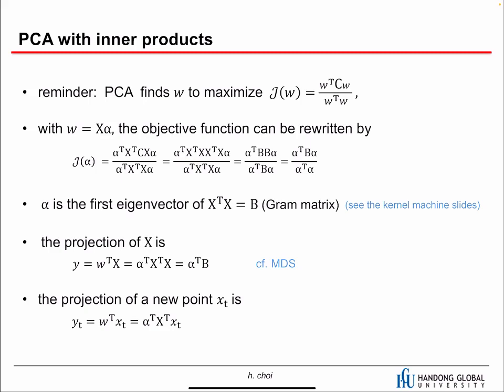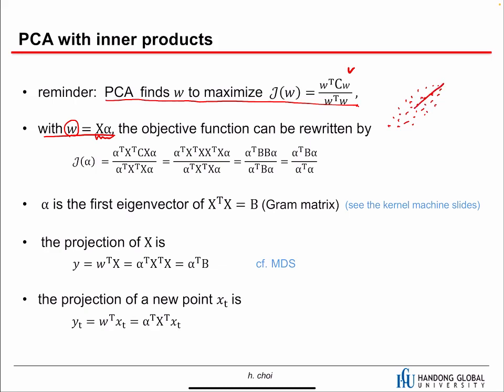Okay, so PCA finds W to maximize this Rayleigh quotient, and this is the really tricky part. W is an eigenvector, but we can rewrite W as x times alpha. Let's assume that we have lots of samples like this. And if we have an eigenvector, then this eigenvector can be represented by these data samples.